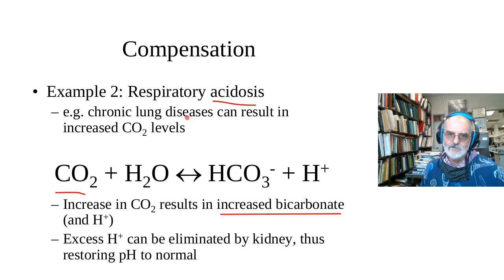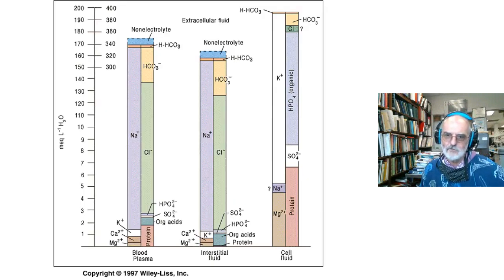People in chronic obstructive pulmonary disease tend to walk around with elevated CO2 and elevated bicarb. The CO2 is what's causing the acidosis. CO2 concentration is high. The bicarb concentration is also high. High bicarb doesn't cause acidosis. It compensates for the acidosis by trying to keep the ratio closer to normal.